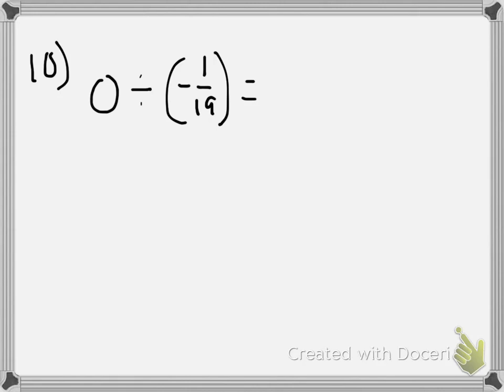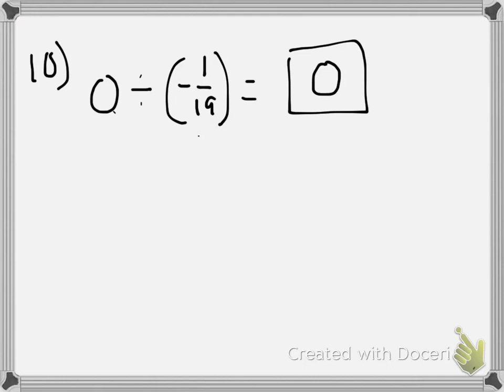Then the last problem we have, number 10, has 0 divided by negative 1/19. And for this one, this is one of the rules that we have. If you start with 0, it doesn't make a difference how many places you divide it into, you're going to end up with 0.